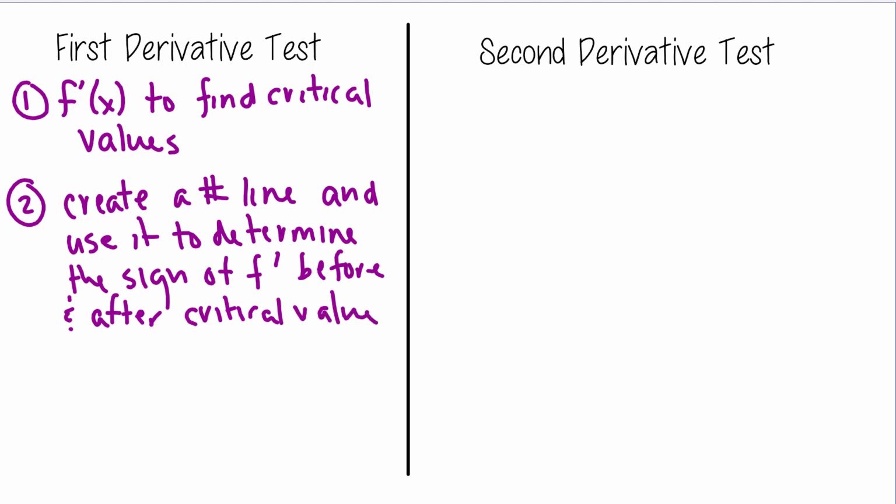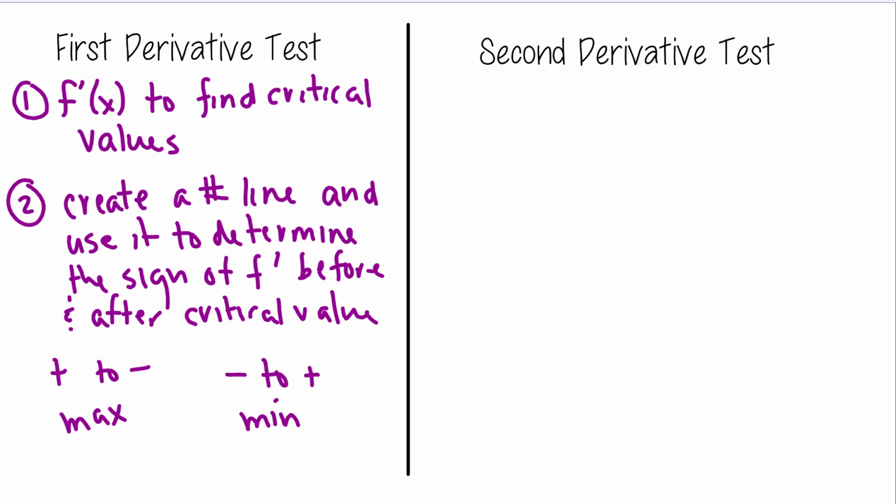If the sign of f prime goes from positive to negative, then you have a relative max. If the sign of f prime goes from negative to positive, then you have a relative min. So let me just put this here. Relative max, relative min. So that would be the first derivative test.